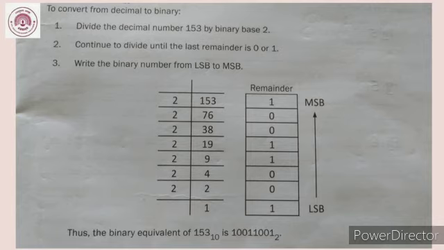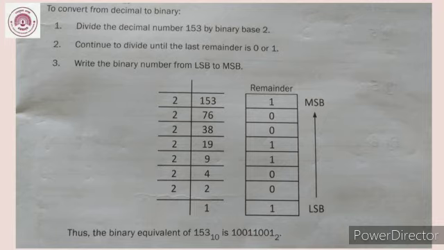Now we get the answer as 1. Now 1 cannot be further divided by 2. So this one also we will write in the remainder box. Now we will read the number from the least significant bit to the most significant bit. I have shown you with the help of an arrow. This is how we are going to write the binary equivalent of number 153.